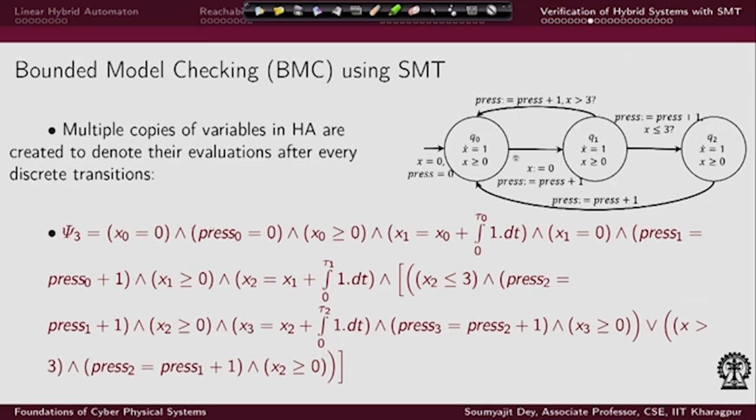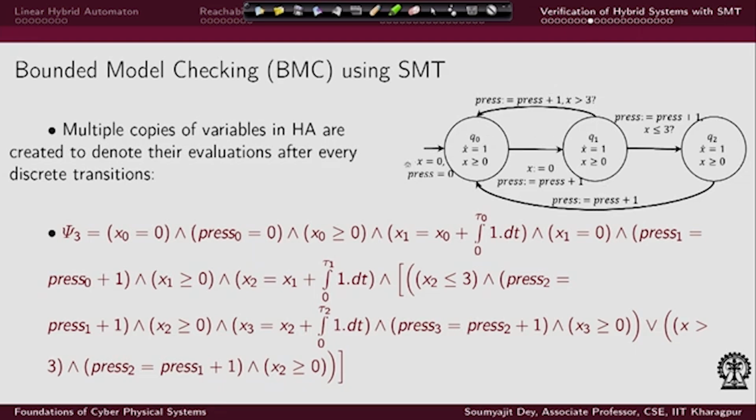If that is satisfied, then press is getting updated like this, and you should have this getting satisfied as x2 greater than 0, right? So here you can see we have an OR, which is capturing that we are going this way or we are going that way, right? So that's how more or less it's going to work.